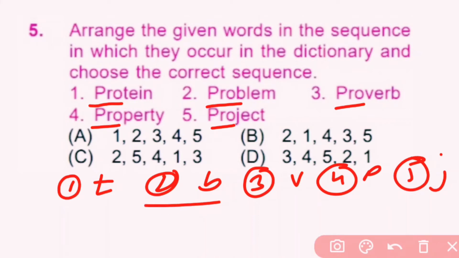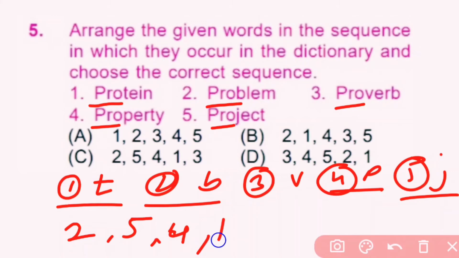So first this, then second this, then third P, then fourth T, and last V. So this will be the correct arrangement. So here C is correct answer.